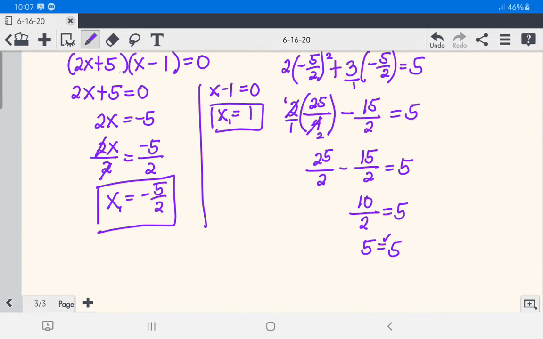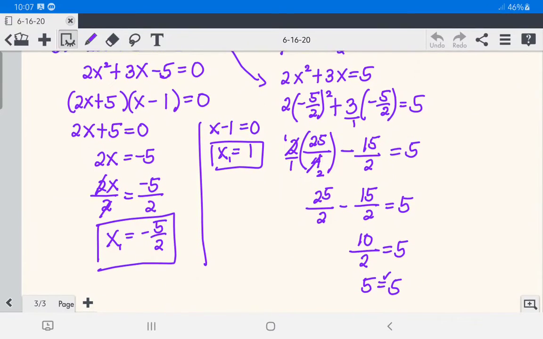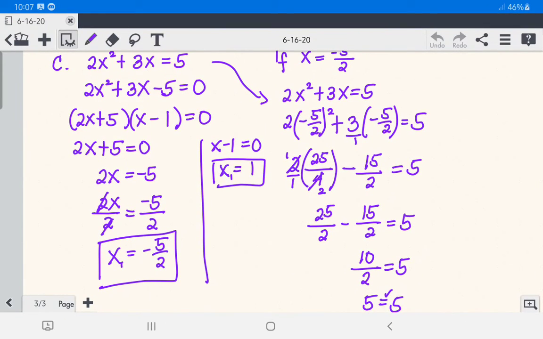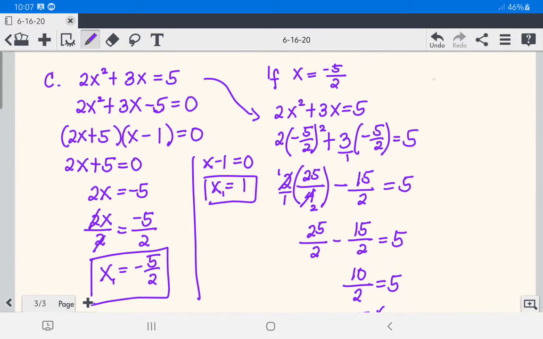Check. Then for the second value of x, if x is equal to 1, using the same original equation, 2x squared plus 3x equals 5.